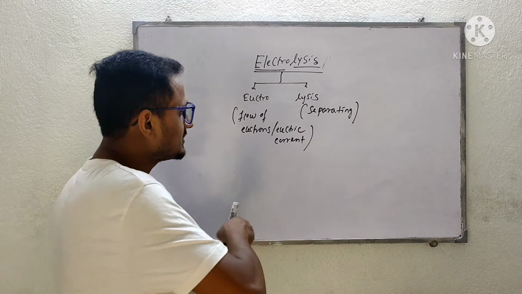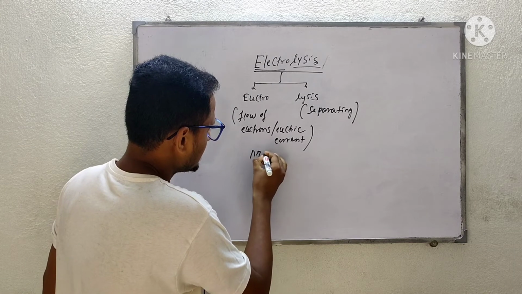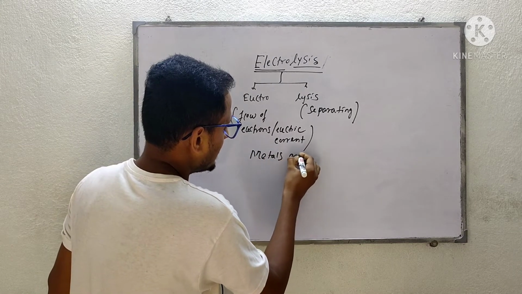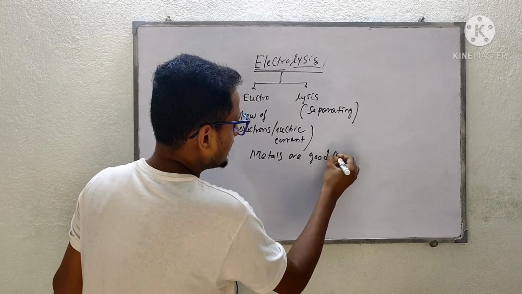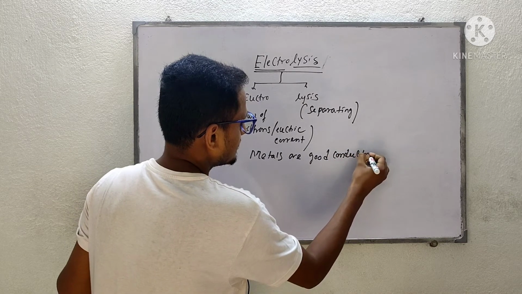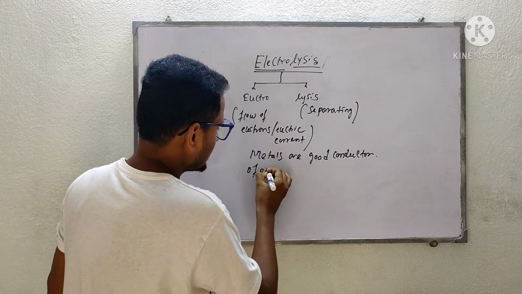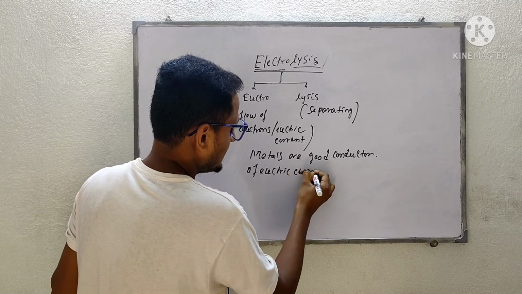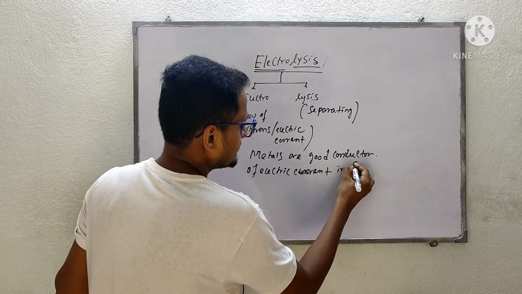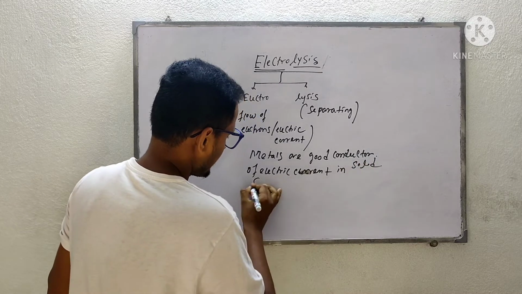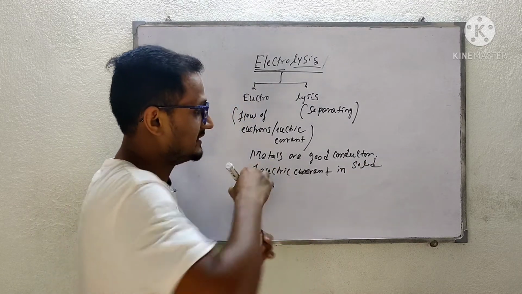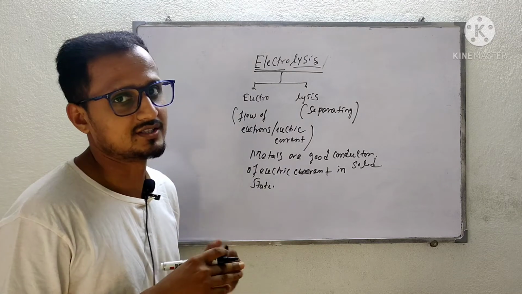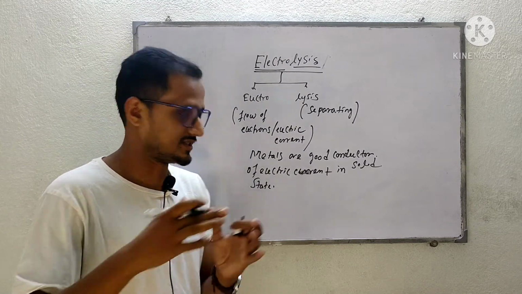So actually, metals are good conductors of electric current in solid state, and these metals are called electric conductors.